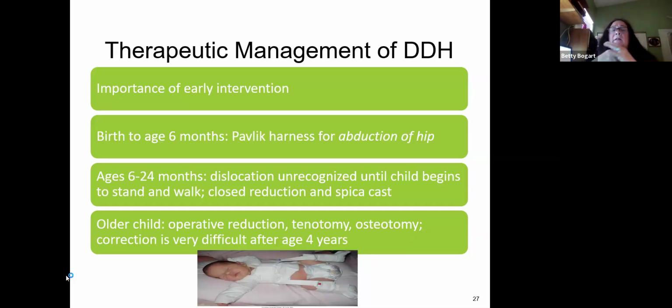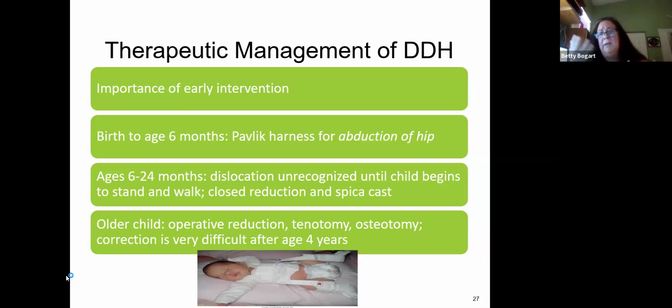And usually that isn't all it needs. Now, as I said, sometimes it's not enough, or we didn't catch it early enough. Now the muscles are all tense. We can't loosen them to get that joint back where it needs to go. Either they will put them in the Bryant traction or they'll put them in a spica cast. That's the other solution to it. And then with older kids, because everything is so cemented in there, they've got to do surgery.